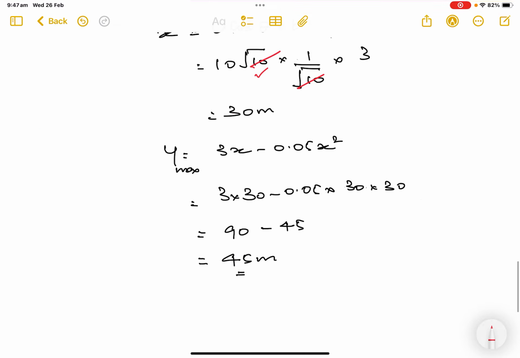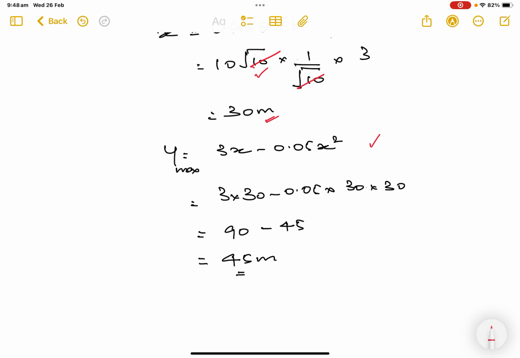Simply, we have the projectile equation y equals 3x minus 0.05 x squared. For the greatest height, y max, x is 30 meters, so 3 times 30 minus 0.05 times 30 times 30.